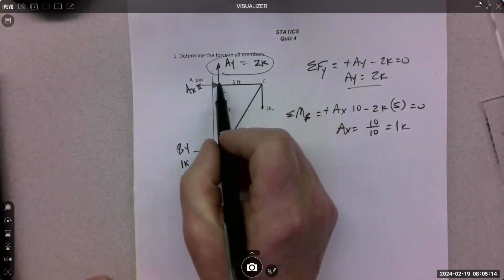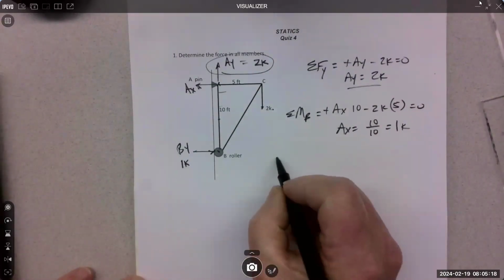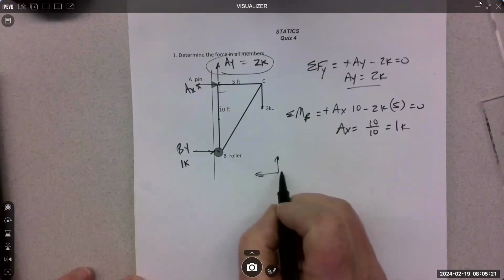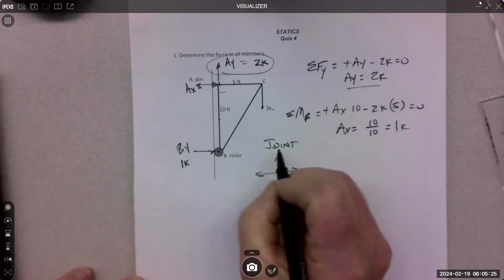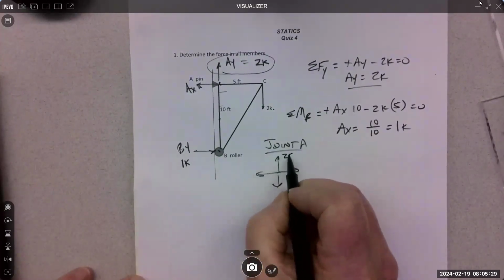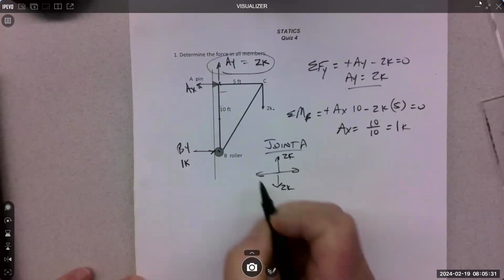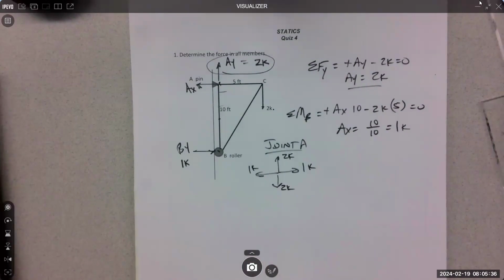So I went to pin A, or joint A, because it's pretty easy. Looks like this. Joint A, come on. You got to admit that looks pretty easy. 2K up, 2K down, 1K and 1K, and that solves two of the members.